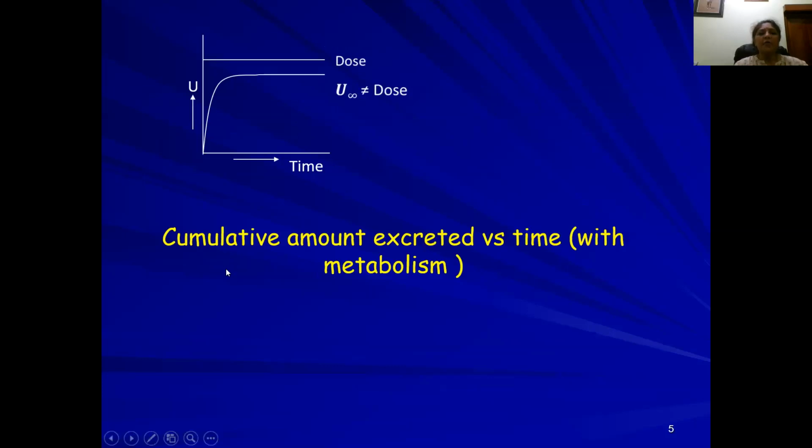Now this is the graph where we have plotted cumulative amount of drug excreted, that is U, on the y-axis versus time on the x-axis. Now when the U infinity value is equal to dose, then it is assumed that the drug does not have any metabolism. But when U infinity is not equal to dose, it means that the drug in question undergoes metabolism.